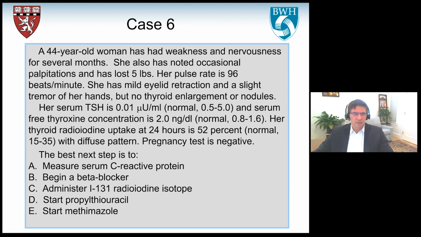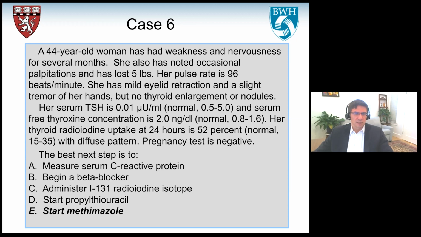Pregnancy test is negative. The best next step is to: A. Measure serum C-reactive protein. B. Begin a beta blocker. C. Administer I-131 radioiodine isotope. D. Start propylthiouracil. E. Start methimazole.